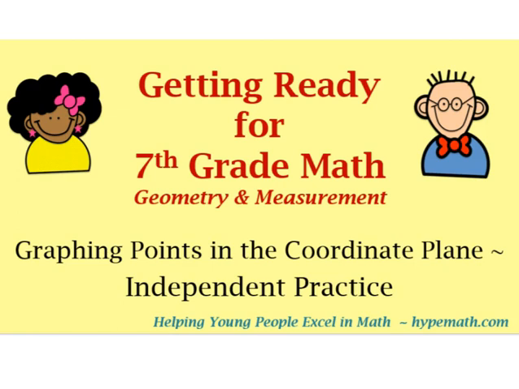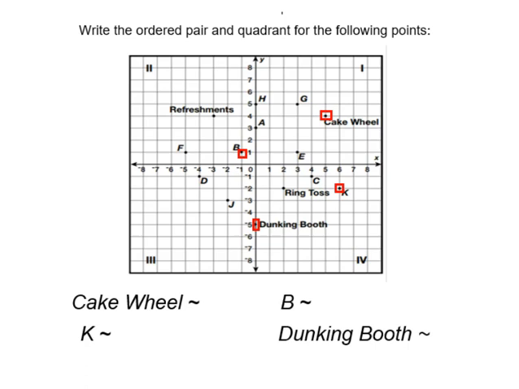And again, for the problems that we're showing here, there are review sections and also a guided practice section to prepare you to be able to answer the independent practice questions. In our question, it says write the ordered pair and quadrant for the following points.